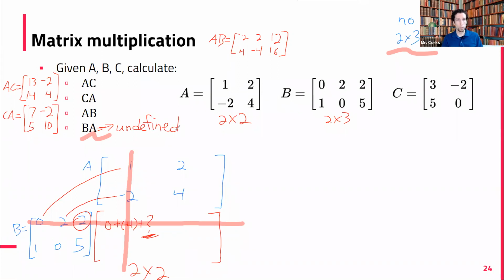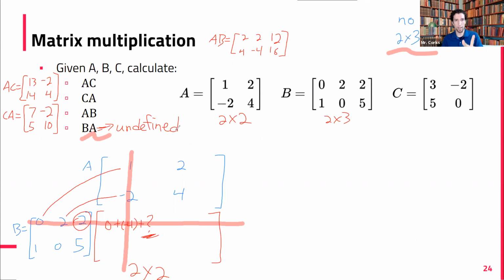So another very weird result for matrix multiplication. First, we had A times B and it worked. Sometimes we can take 2 matrices that are different sizes and we can actually multiply them together.